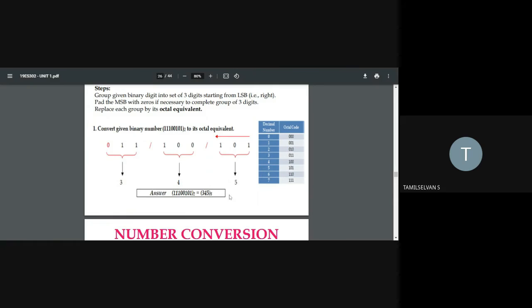So 345 is the final octal number for this binary number 111000101. Is it clear? So again I will repeat. I have to separate 3 digits from the right end. So please note it down: from the right end, I have to separate 3 digits in the binary number, right?